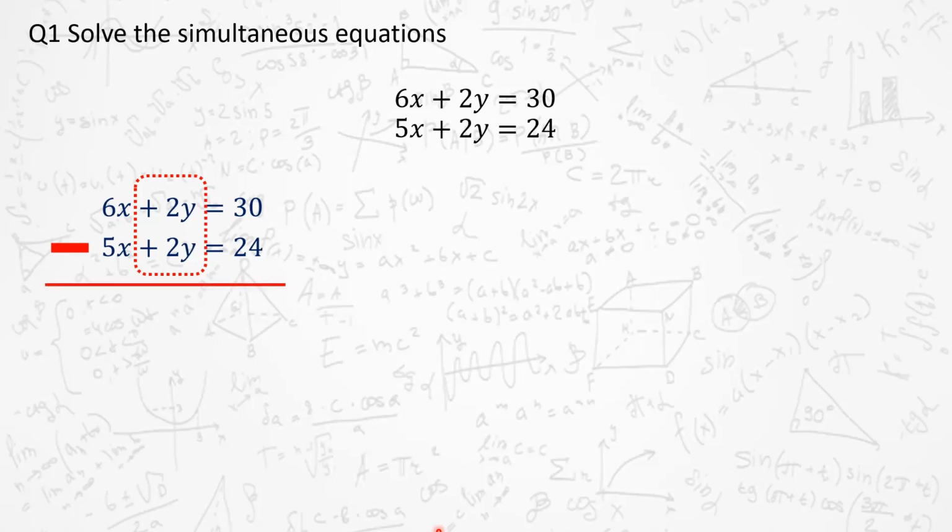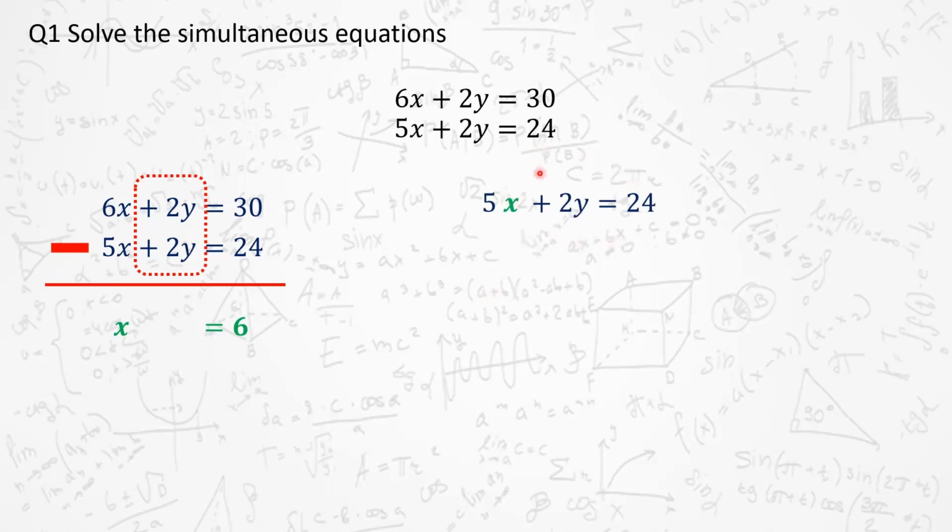So the result will be 6x minus 5x gives me x, and 30 minus 24 gives me 6. 2y minus 2y is nothing, so I have x equals 6. Once I have solved for x, I can substitute the x value into one of the equations.